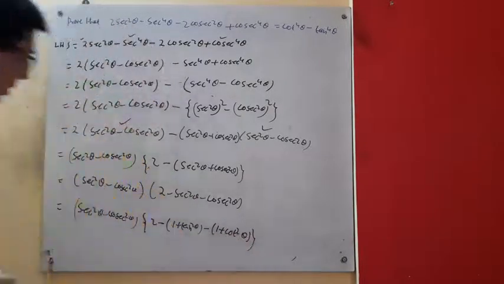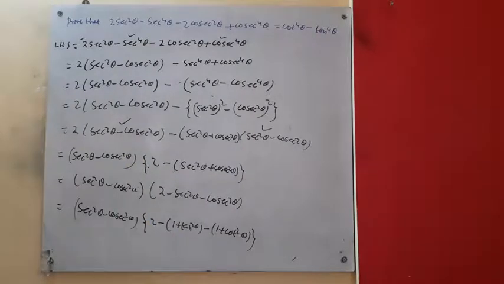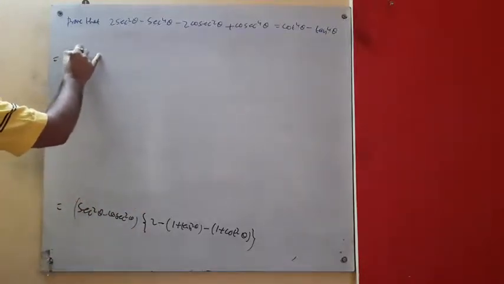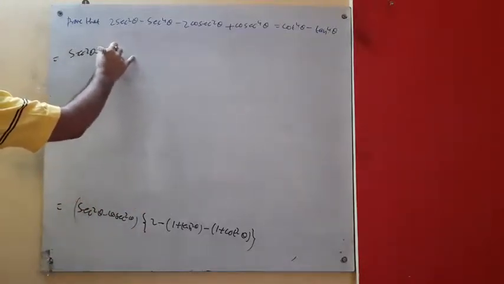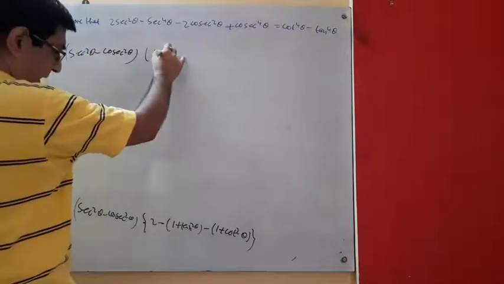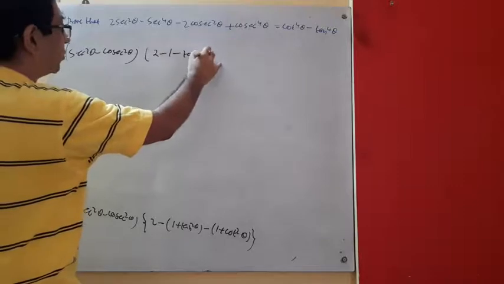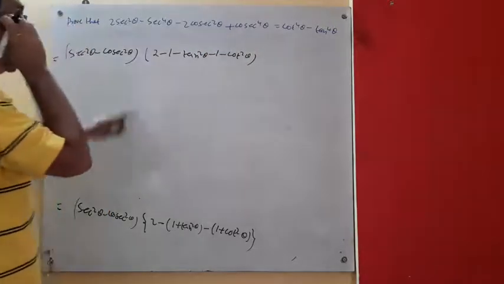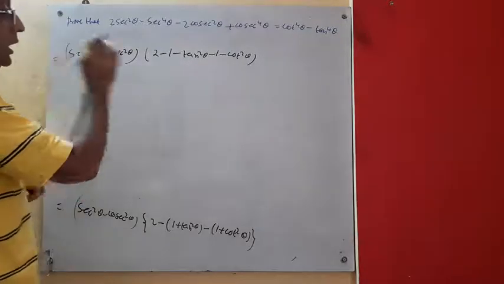Please copy. Pause the video to note it down. Now we get what? This is sec square theta minus cosec square theta. What we are getting is 2 minus 1 minus tan square theta minus 1 minus cot square theta. Look, tan theta and cot theta are already here.